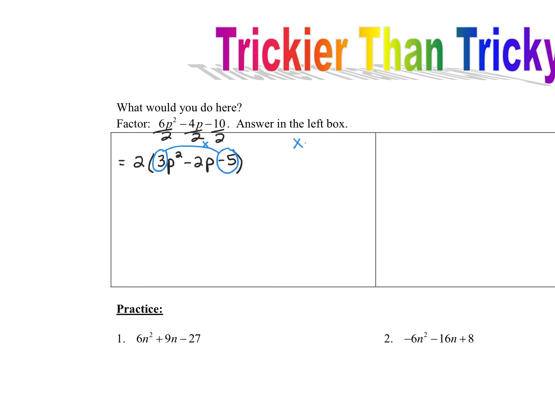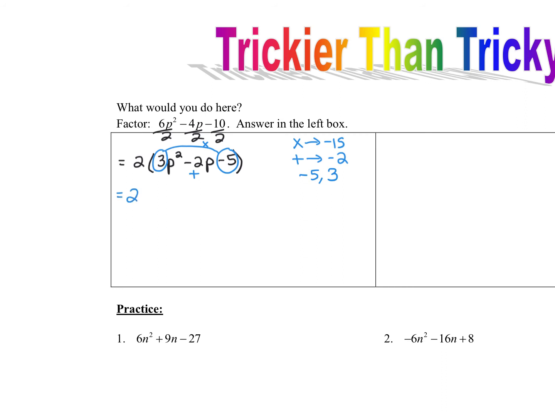So you're looking for two numbers that multiply to give you -15 and add to give you the middle number of -2. The two numbers that multiply to -15 and add to -2 are -5 and +3.